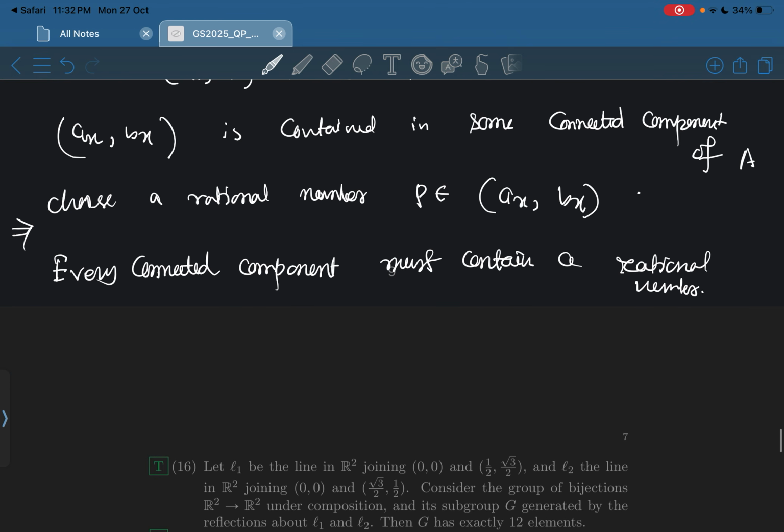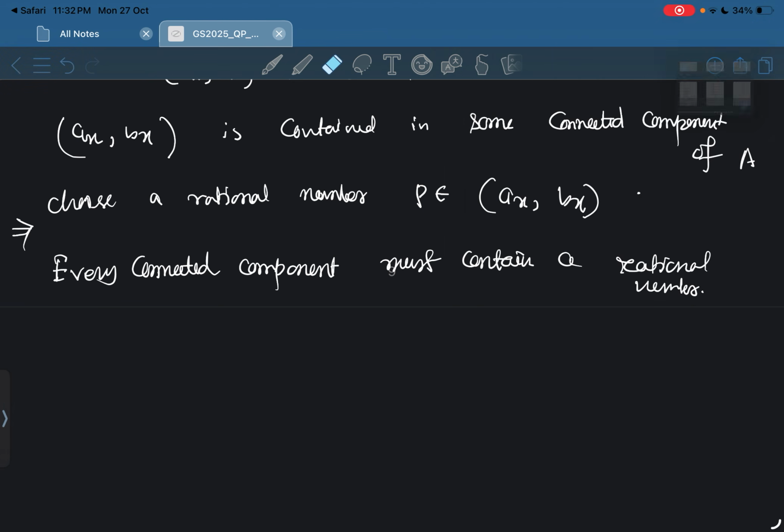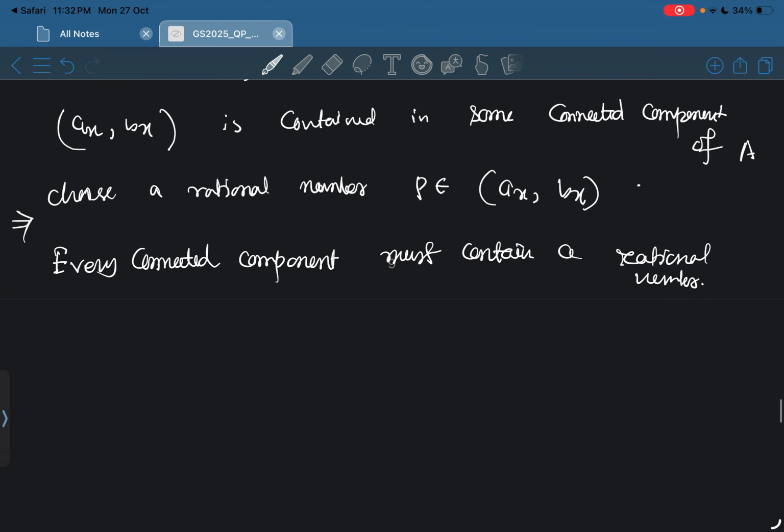So that will automatically imply that the number of connected components is at most countable.